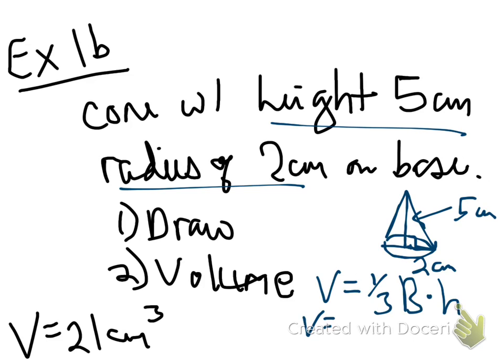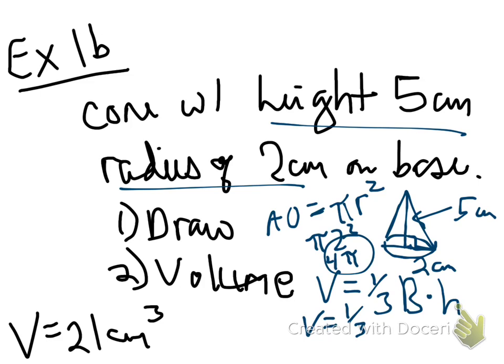So your volume equals 1/3 base area, the area of a circle, which equals pi r squared. Our r is 2, so pi times 2 squared is 4 pi. We'll plug that into our base area. So 1/3 times 4 pi times your height of 5 centimeters.